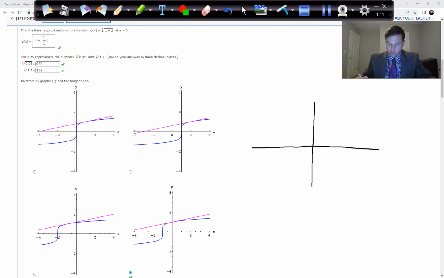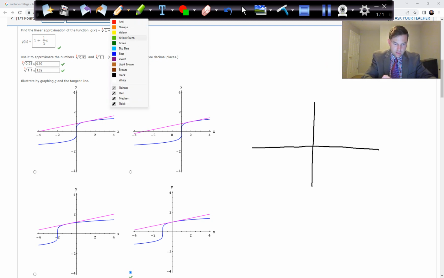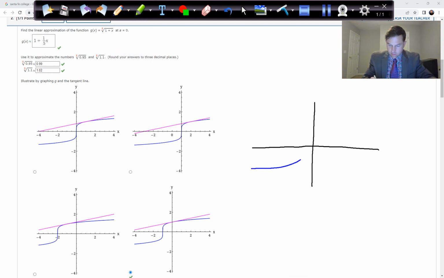A fifth root or any odd root looks like a long elongated S. So this is x raised to any 1 over n power where n is odd.